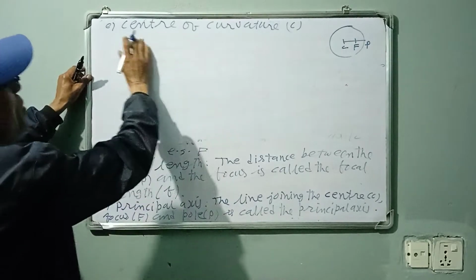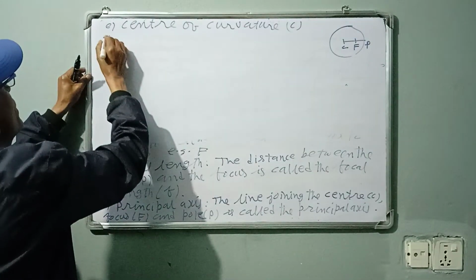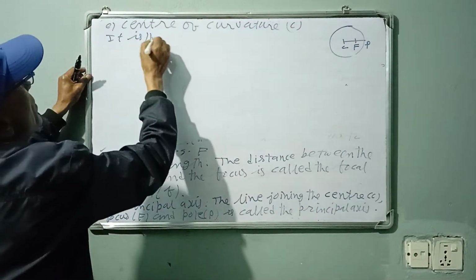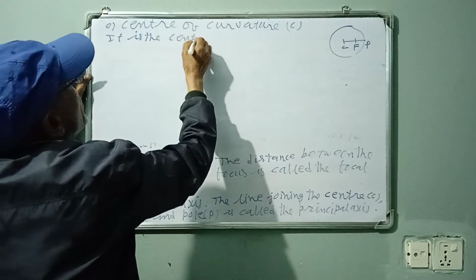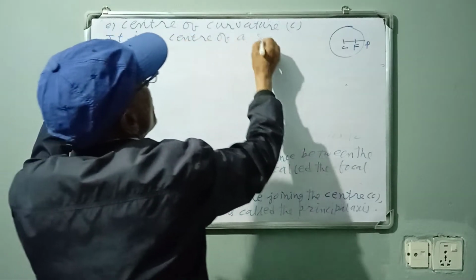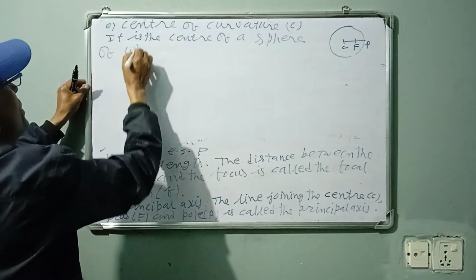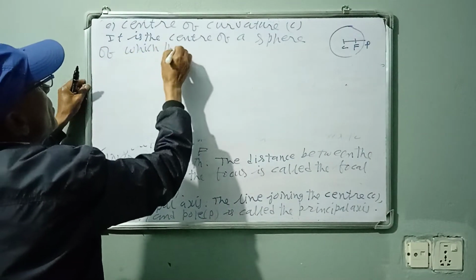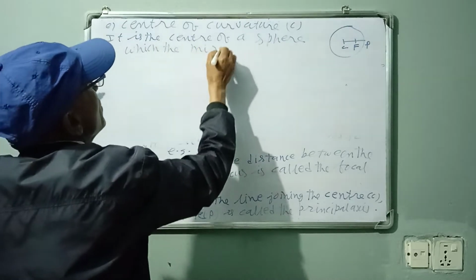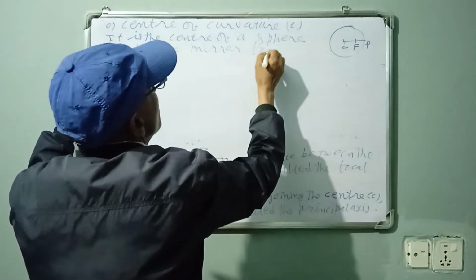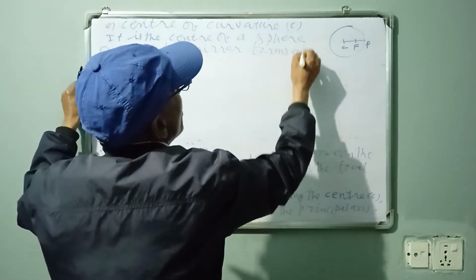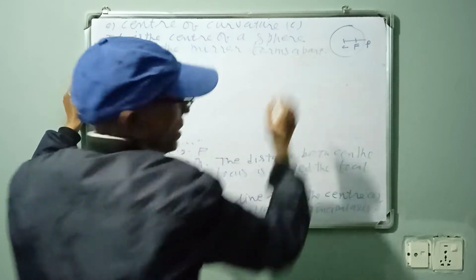What is the center of curvature? It is the center of a sphere of which the mirror forms a part.